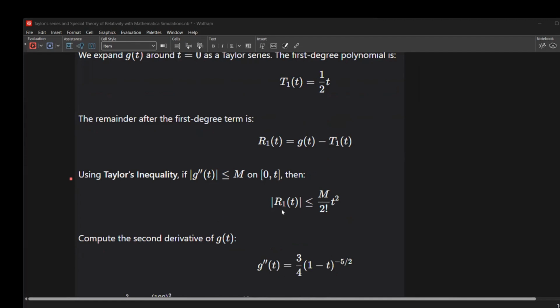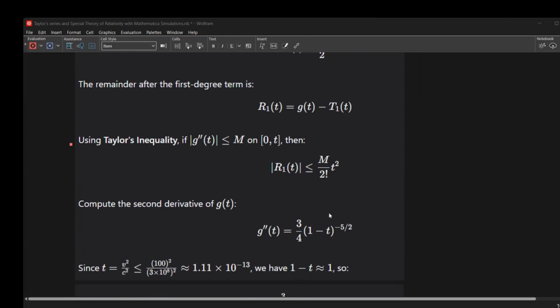Then the first remainder is less than or equal to m over 2 factorial, where the 2 factorial comes from the Taylor series formula, times t squared. So the second derivative means we have the square of 2.